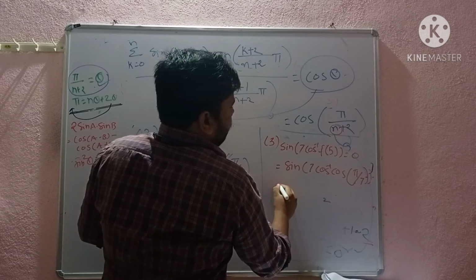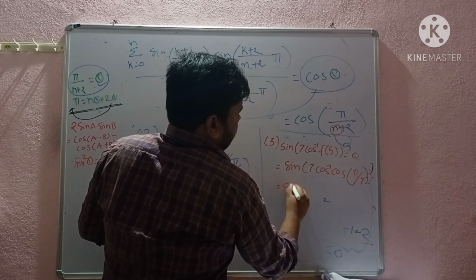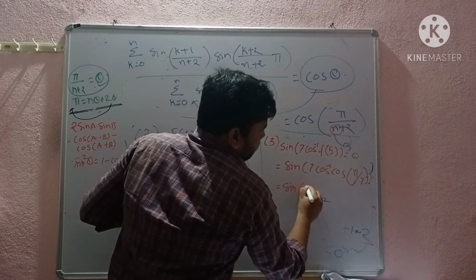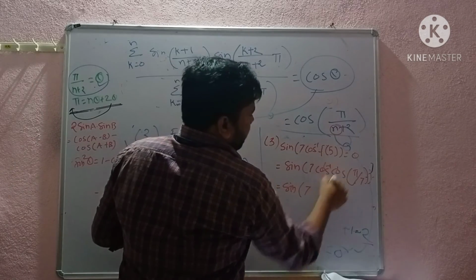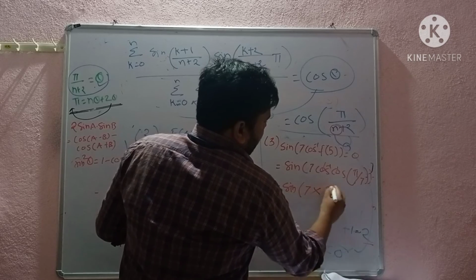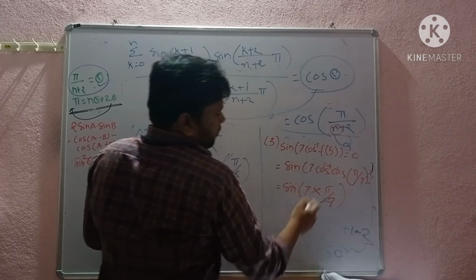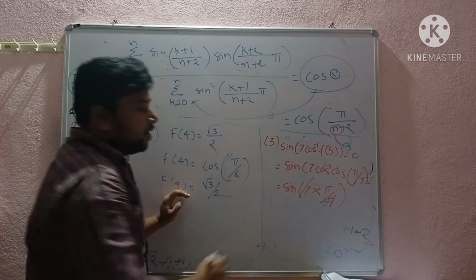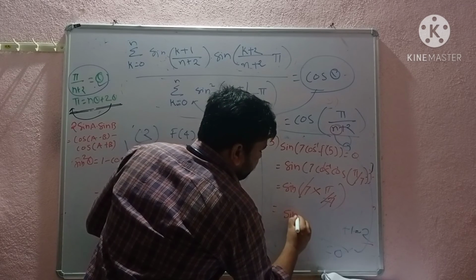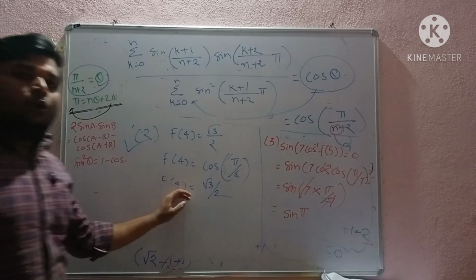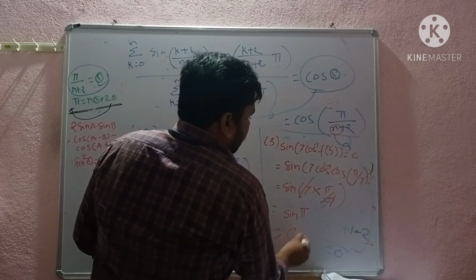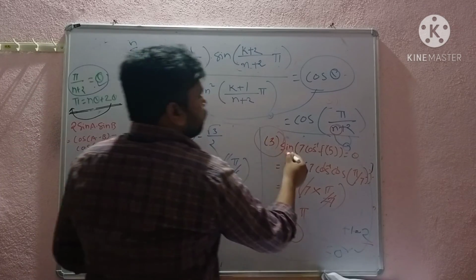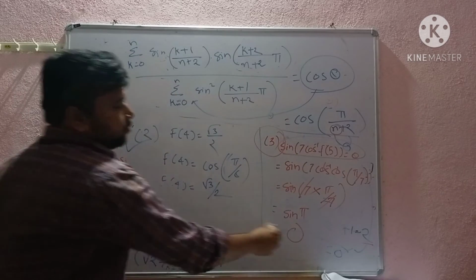Now cos inverse of cos gets cancelled, nullified itself. So it becomes 7 into pi by 7. The 7 gets cancelled. What is remaining here? Sin pi is remaining. We all know the trigonometric formula: the value of sin pi is 0. That's why the third equation is also right. The value of this equation is 0.